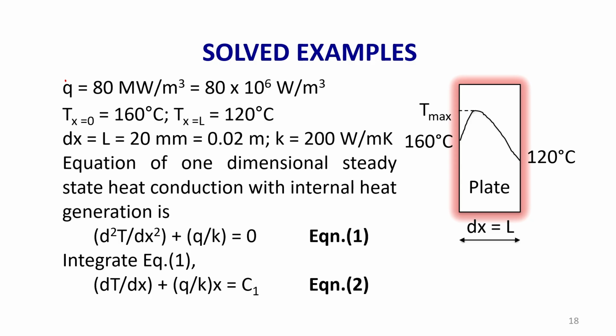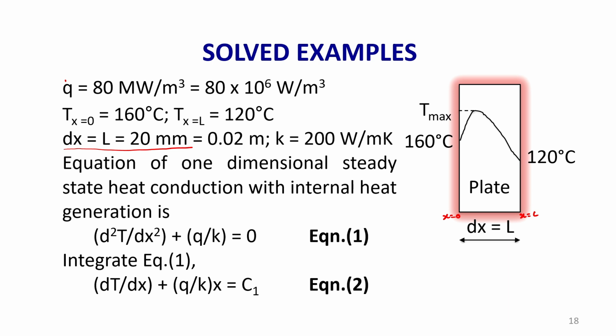The temperature here is at x equal to 0, and here x is equal to L. At the left extreme face the thickness of the wall is 0, and on the right extreme it is L. That is given as 20 mm in the problem. dx is equal to L, equal to 20 mm, and the K value is given.